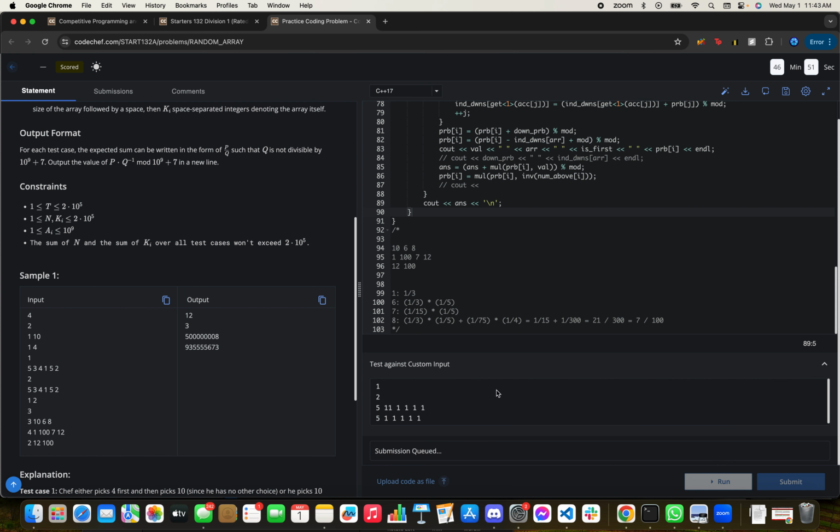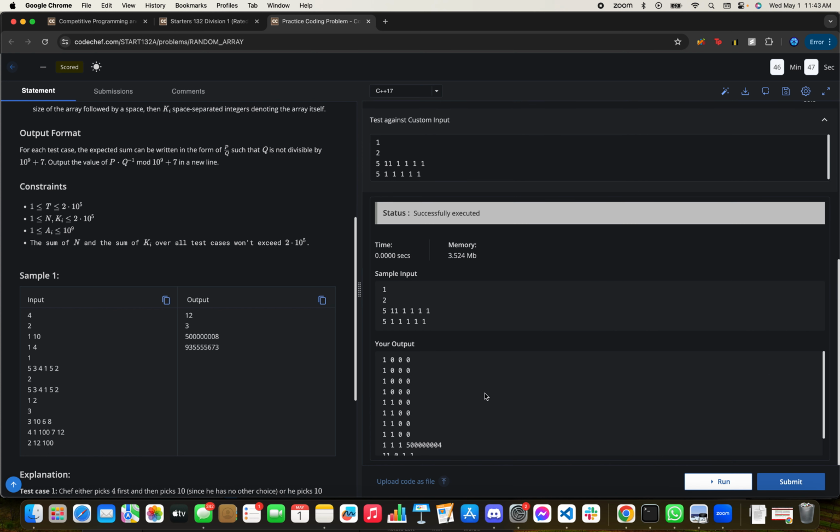Should get 5. Oh, interesting. Why doesn't it get 6? It should get 6, right? Oh, I guess you're always gonna end up at 11, so it's, damn, okay, I see.